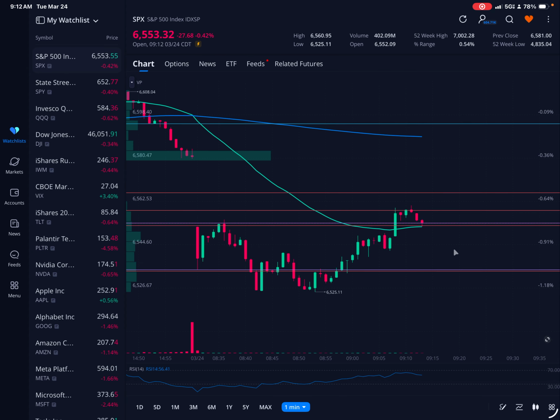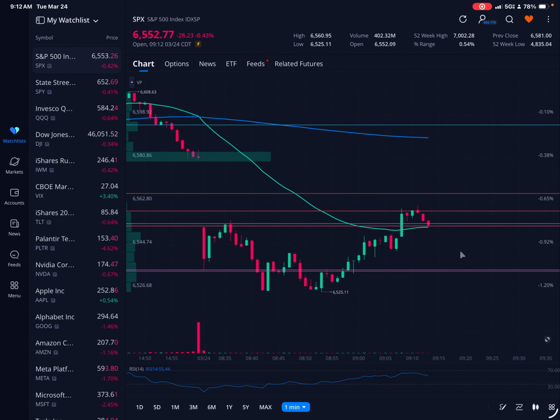All right, I might have to sell this for a loss if we jump back above 65.58. But my target right here is about 65.45, and honestly, we'll see what happens.